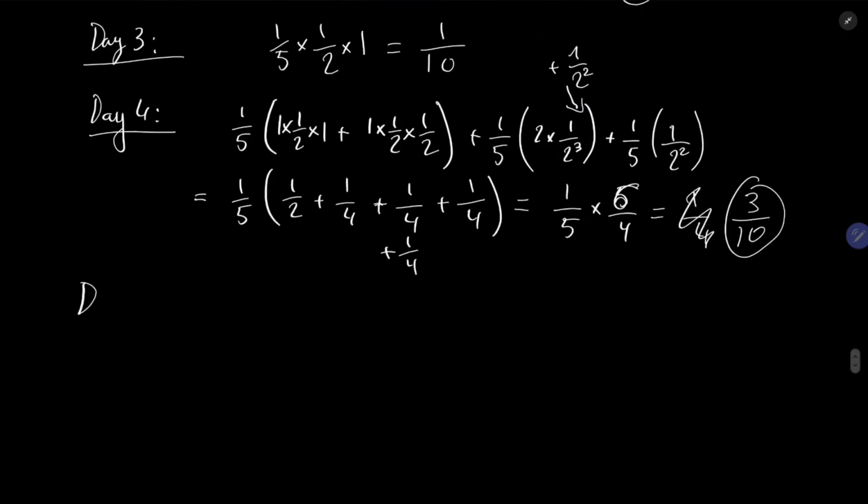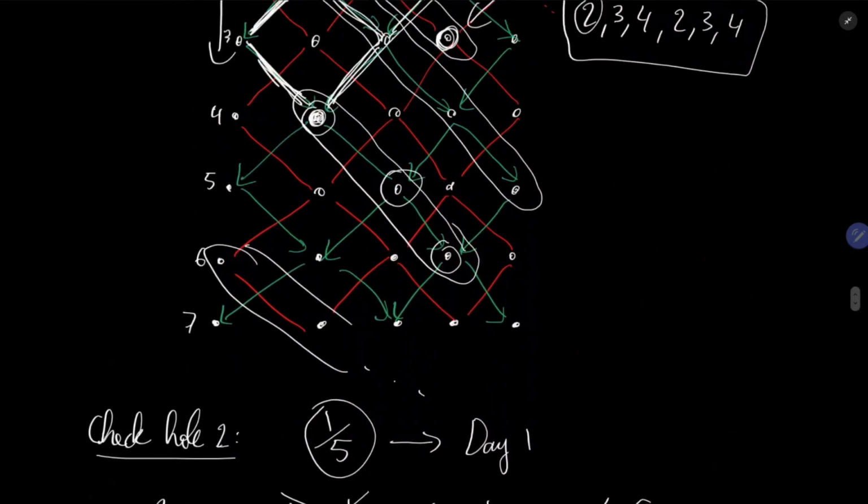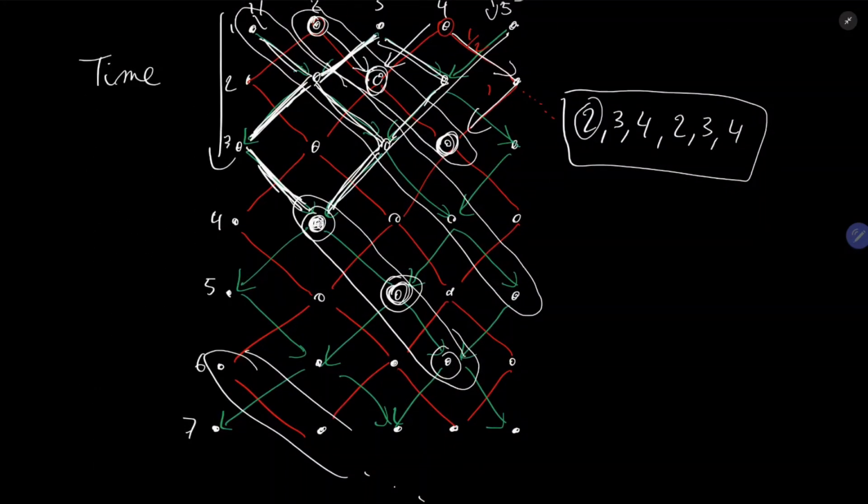Let's continue with day number 5. So for day 5, we have to catch the fox at that specific point. So let's go ahead and enumerate the paths. Let's assume we start from hole number 1. We have this possible path. So 1, 2, 3. No, we cannot go there because then we would have been caught on day number 4.